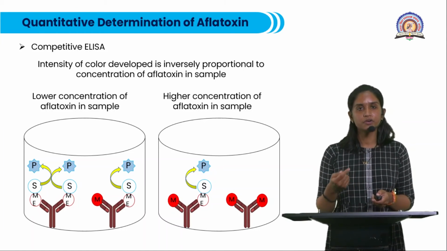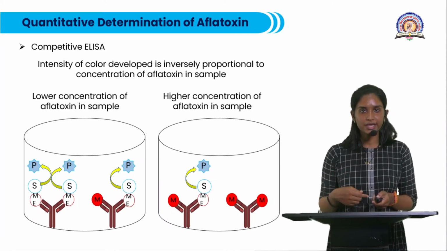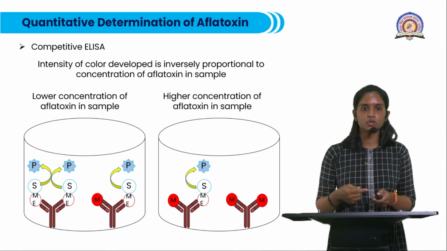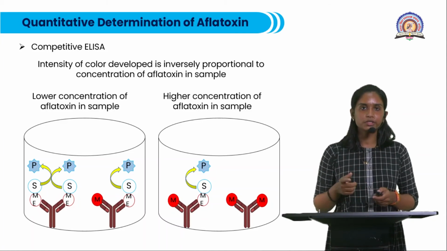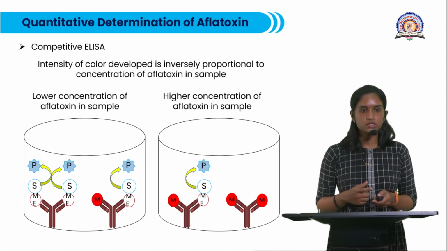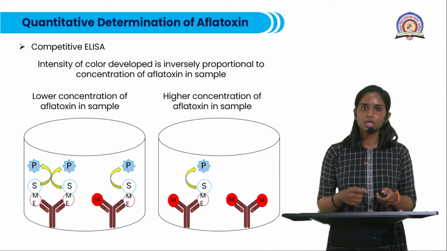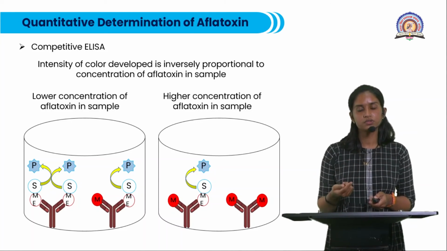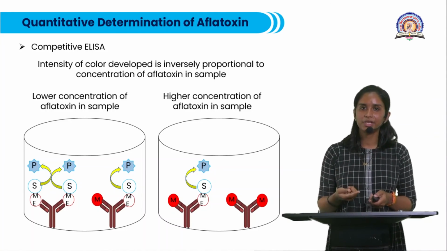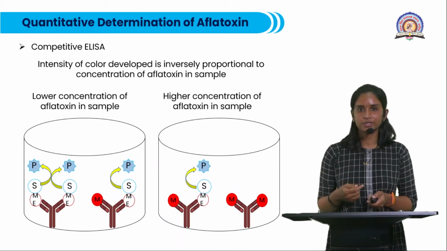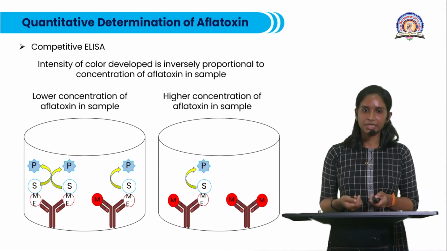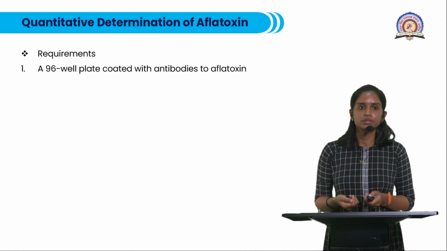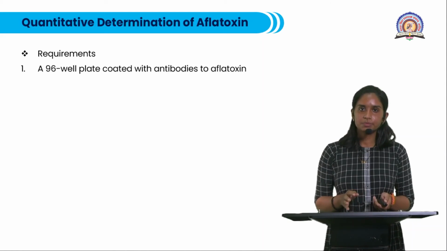So the intensity of blue color developed will be less if the concentration of aflatoxin is higher. What can we conclude from this? The lower the concentration of aflatoxin in the sample, the higher is the intensity of color developed, and if a higher concentration of aflatoxin is present in the sample, then the lower is the intensity of color developed in the microtiter plate. So this is the principle of this technique.